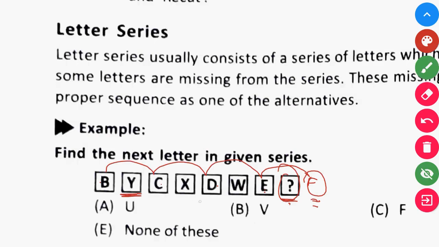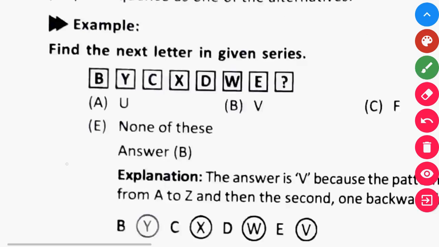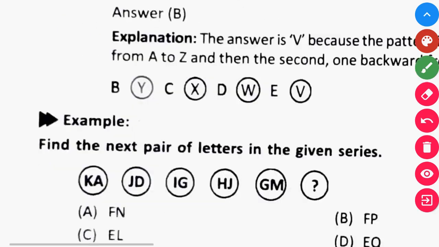So we have to identify another pattern. If you see again, W, X, Y, Z. So which letter comes before W? V, W, X, Y, Z. So in place of the question mark, V will come. So you have to identify some sequence or some relation.